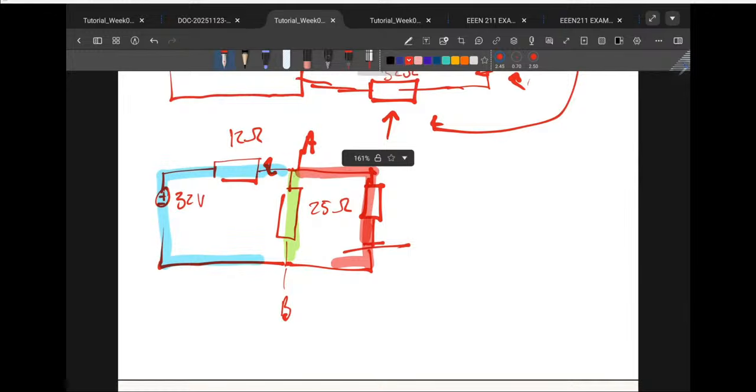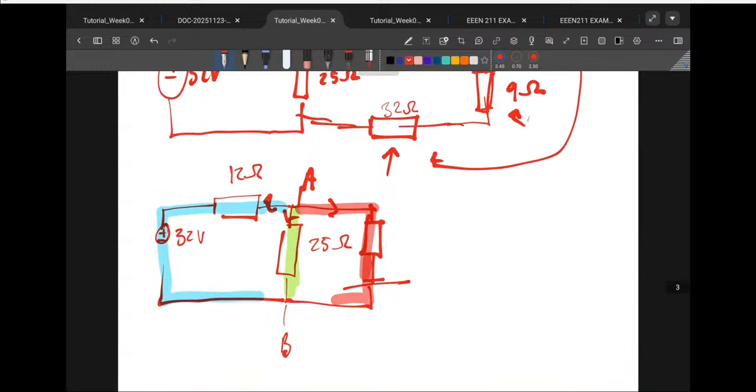You can put, so when you're doing the thing, you'd be saying, okay, you'd imagine that there's some voltage at the source here. It's here.